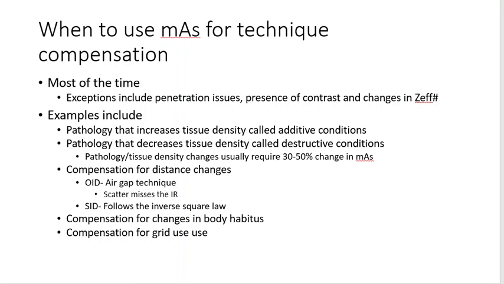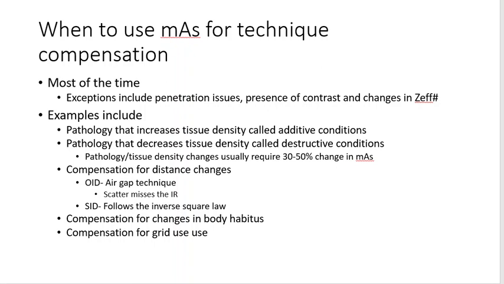So if you're shooting through tissue that has a low atomic number, like let's say air with a little bit of soft tissue in the lungs, and then you introduce a lot of fluid like a pleural effusion, then you might have a tendency to think, well, I need to increase my kVp, but consider what it is kVp does in fluid.